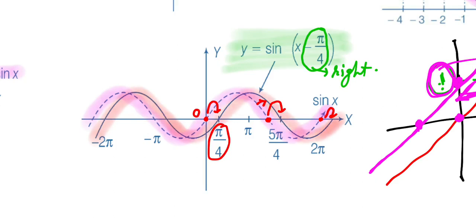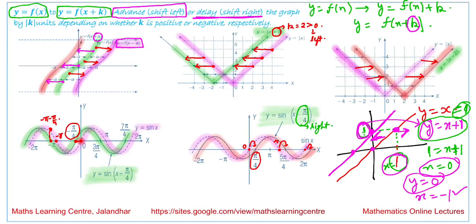This is the graph of the curve y is equal to sin of x minus pi by 4. This is how we can draw the graph of y is equal to f of x plus k if we know the graph of y is equal to f of x.